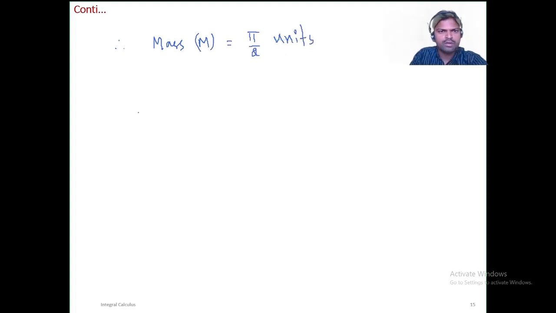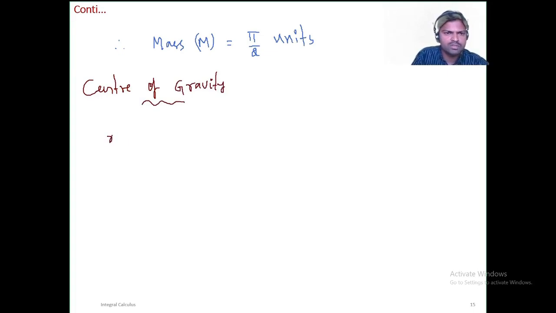Similarly, you can find the center of gravity. How to find the center of gravity? It is x bar and y bar. So first, what about x bar?